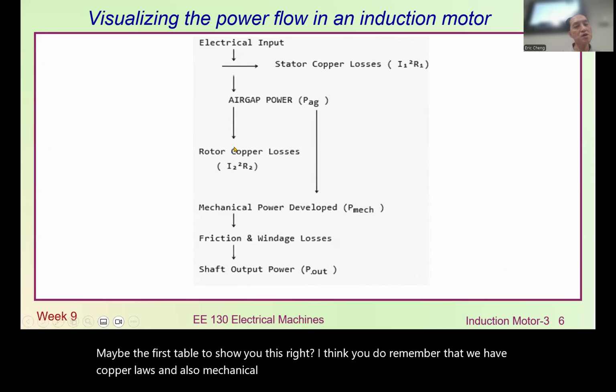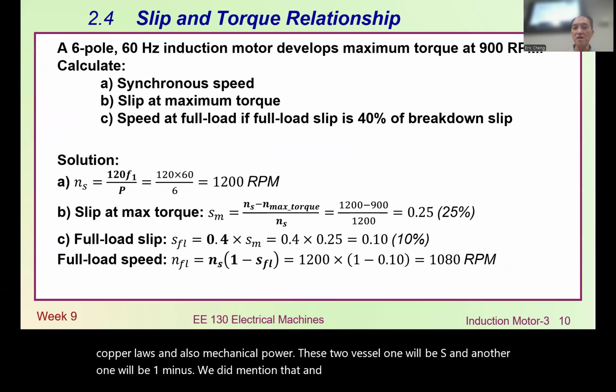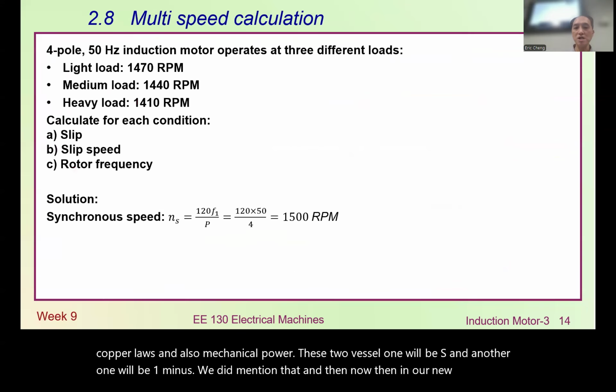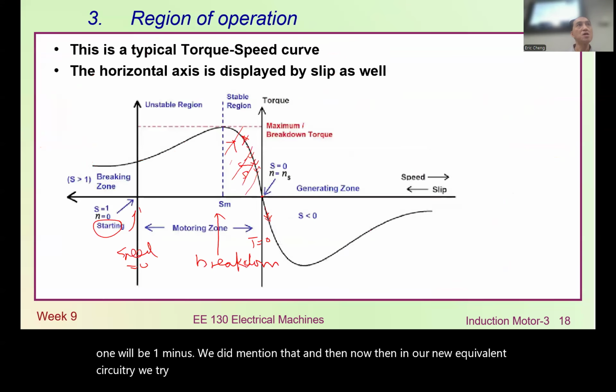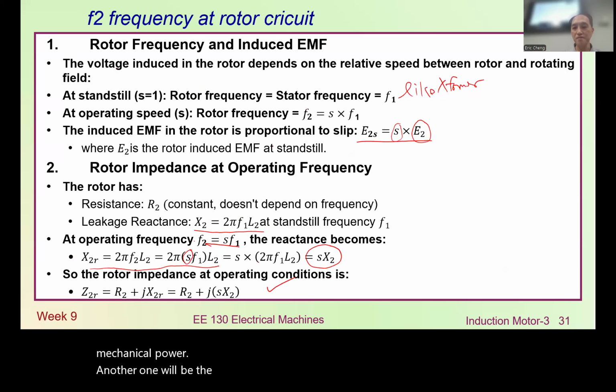These 2 ratios, one will be S and another one will be 1 minus S. We did mention that. Now in our new equivalent circuitry, we try to demonstrate the correlation between S and 1 minus S. One will be mechanical power, and another one will be the copper losses due to the resistance.